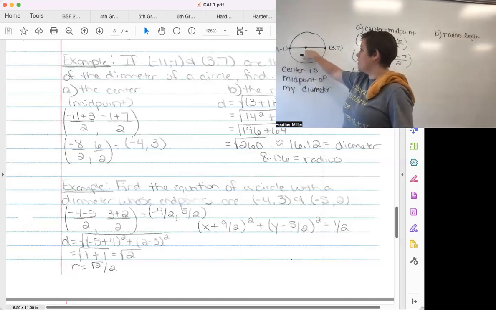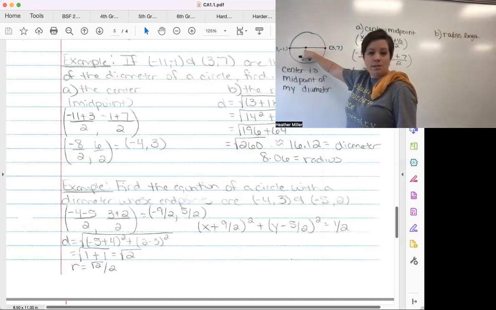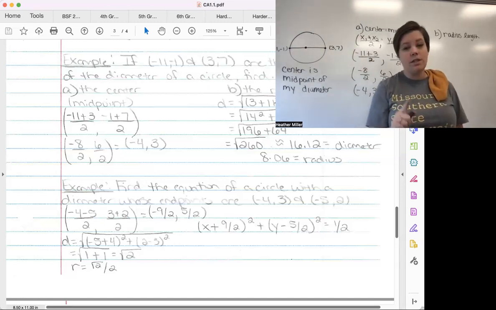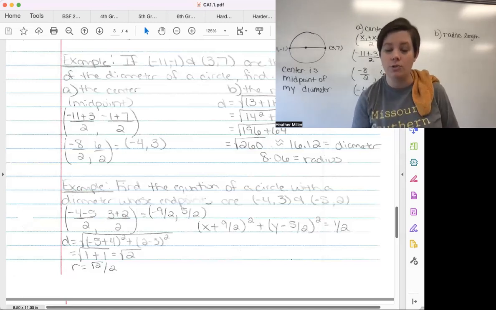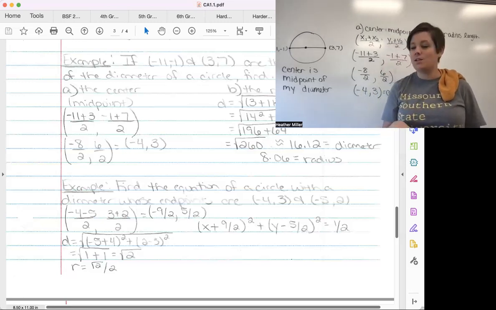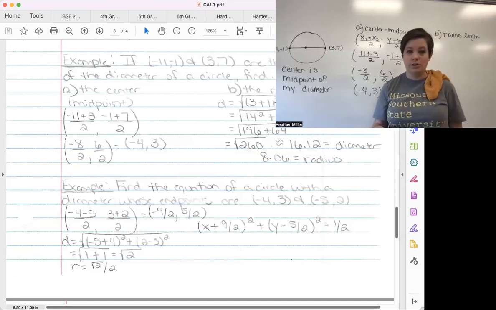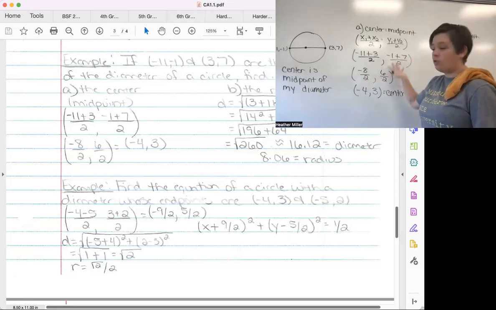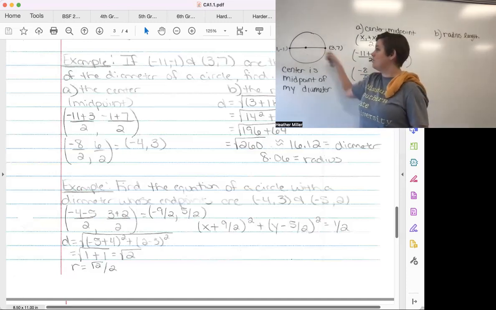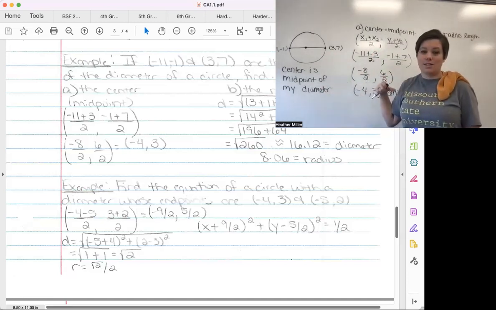You could use the center as one of your endpoints, as your x1 or your x2, and use one of the outside points. The only thing that could go wrong if you use the center as one of your points in finding the distance is what if you found the wrong center? What if somewhere you did an algebra error and got the wrong center, and then you took the distance from there, then you're going to get the wrong distance again.